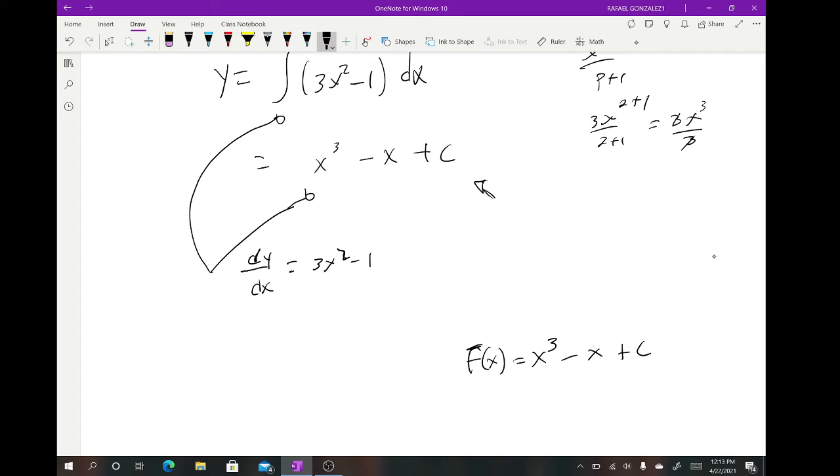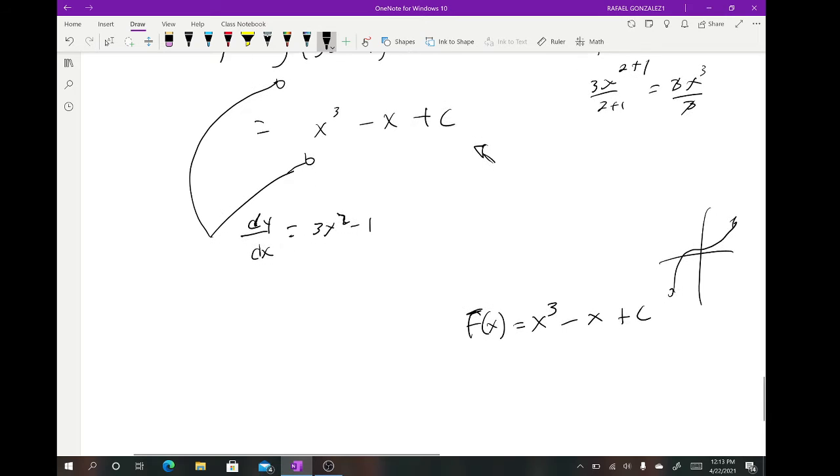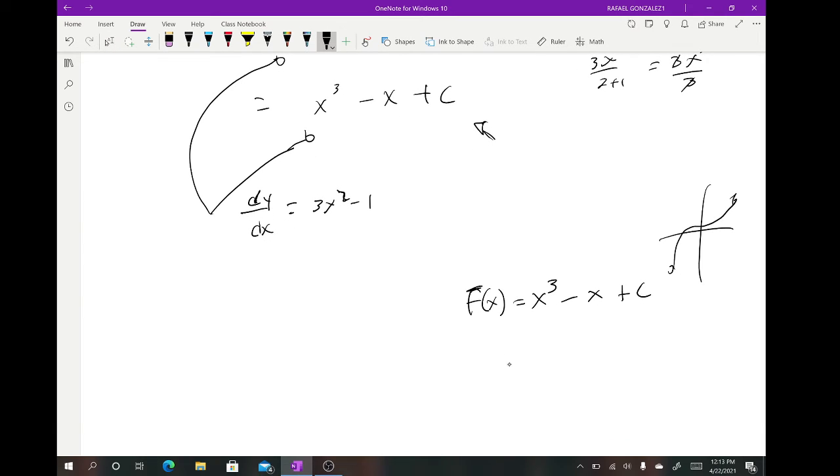We know that this is going to have some graph, right? If somebody is able to give you a point on the graph, like let's say somebody gives you a point on the graph P, and they tell you that this point is equal to, let's say, (2, 4), then now you know that whenever you plug in 2 to this equation, regardless of what c is, you get 4.